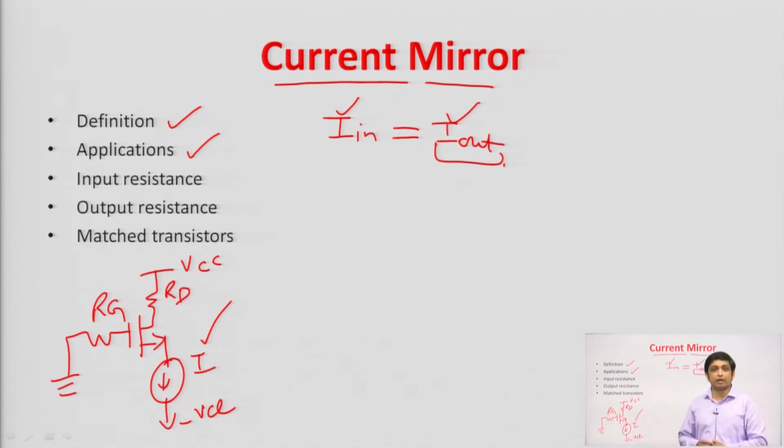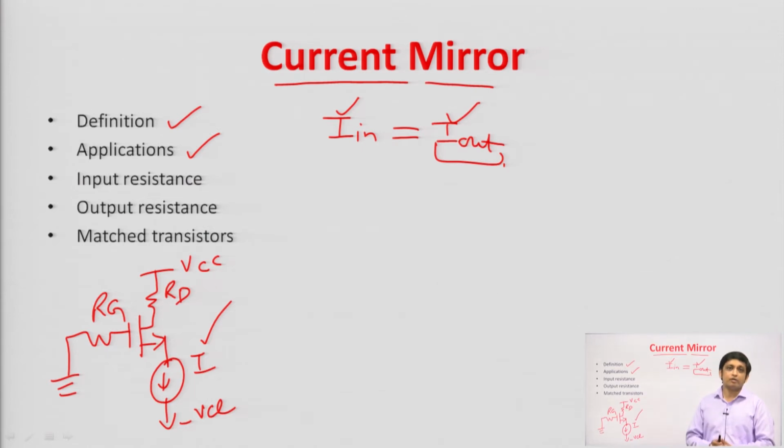Another application of the current mirror we will discuss in upcoming classes, in case of differential amplifier with active load. So, this current mirror will be used as an active load in differential amplifier, fine, that is the another application. So, in case of BJT, biasing using constant current source, what is the advantage?